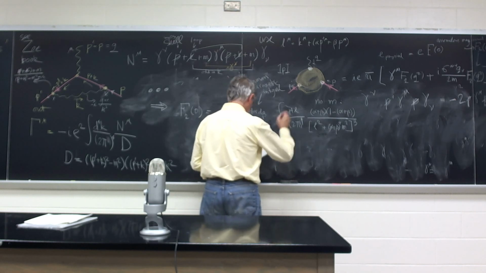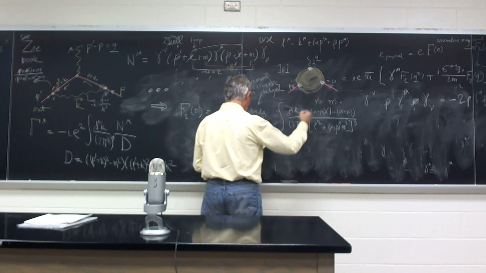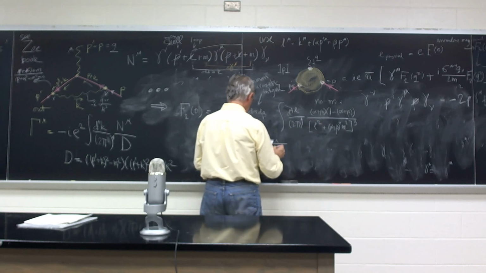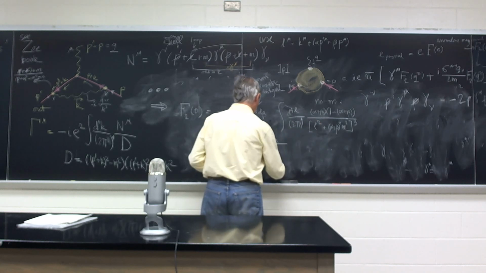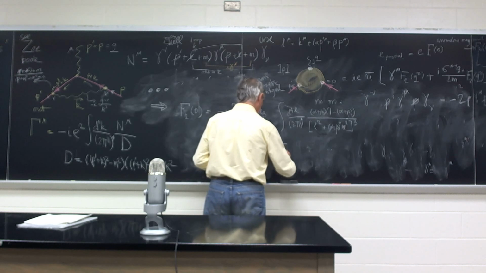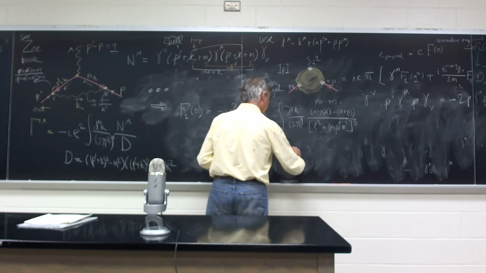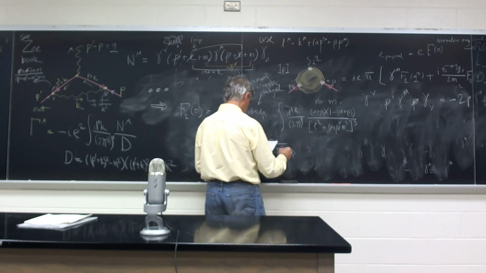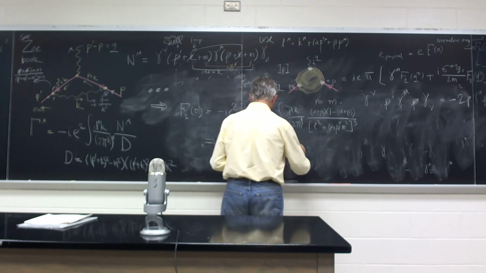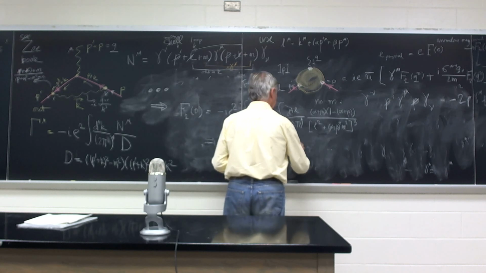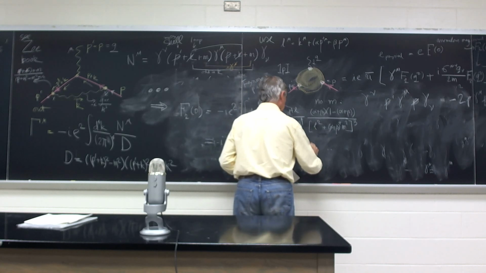And this thing here gave you minus i integrating this, 32 pi squared, alpha plus beta here, times the numerator that you already have.